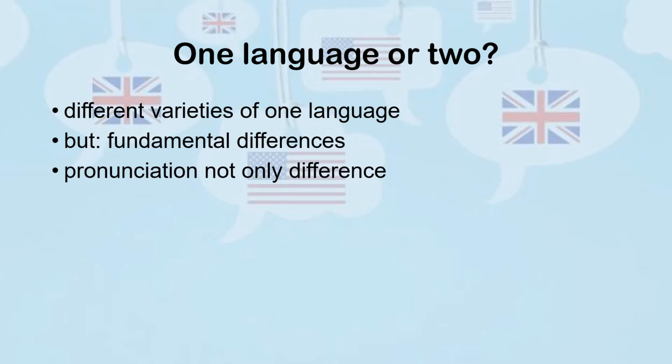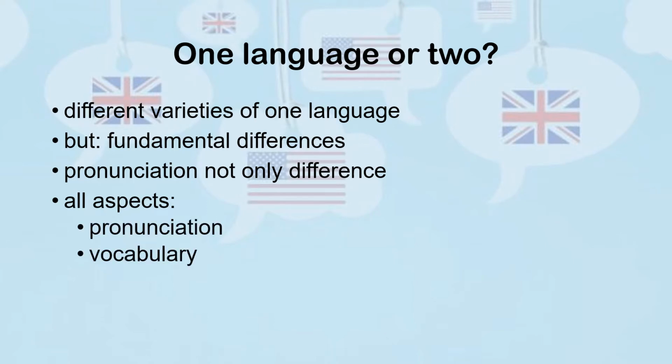Some people might think that it's all down to pronunciation. Pronunciation is, of course, a major difference, but it's not the only one. There are differences in just about all aspects of the language. We're talking about pronunciation, but also definitely about vocabulary, also grammar, and even other aspects such as style as such.